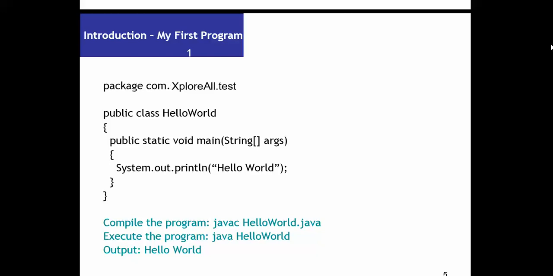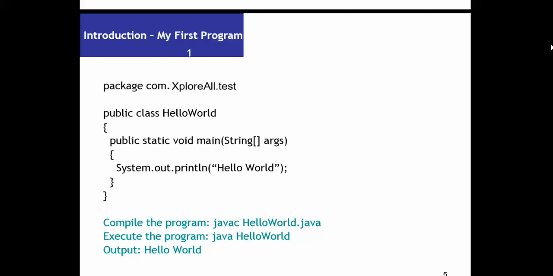And coming to the next method, in this public class hello world, I have defined a method that is public static void main string args. So what does this basically mean? Here the main means it is the main method for your execution. Whenever you are compiling and running it, the JVM, that is Java Virtual Machine, finds this main method first.